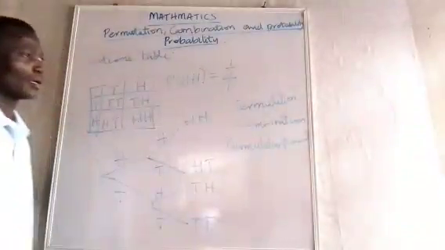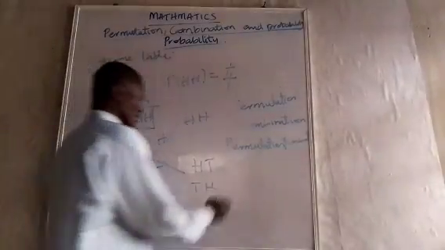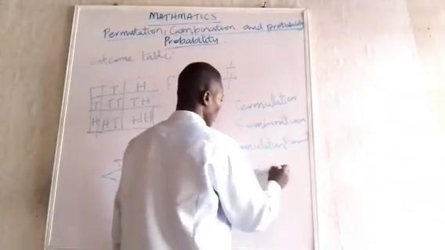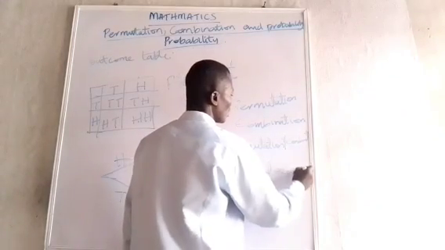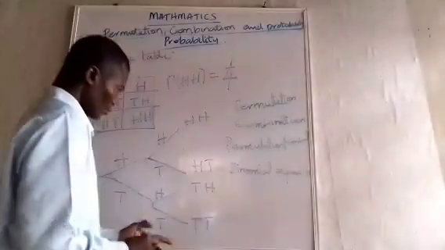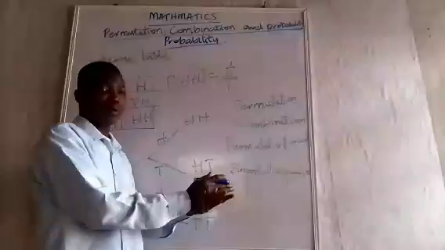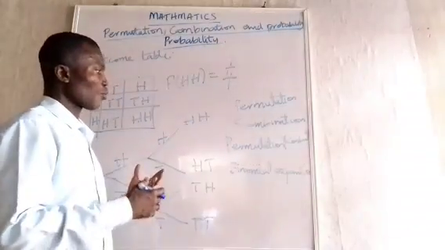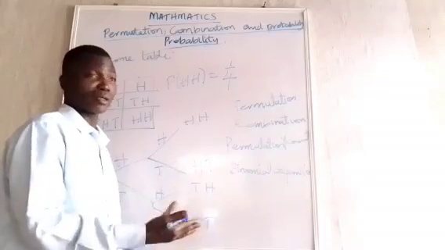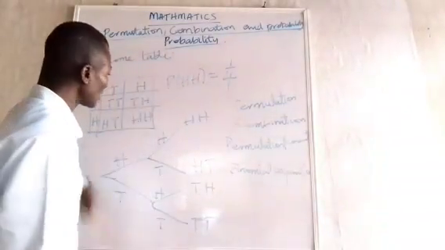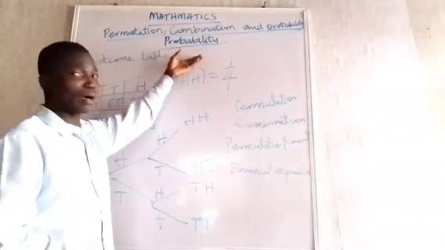And again, it might result in binomial expansion. So it's not fixed that you must use one kind of working, but one might make getting the results very easy and fast. That is why we explore all these techniques in working out our answers.